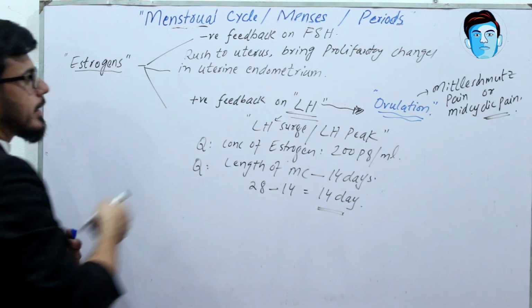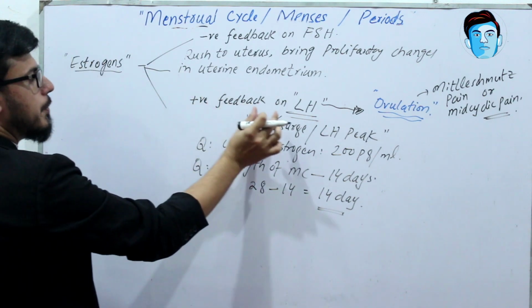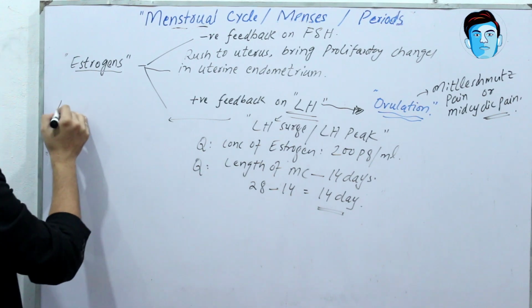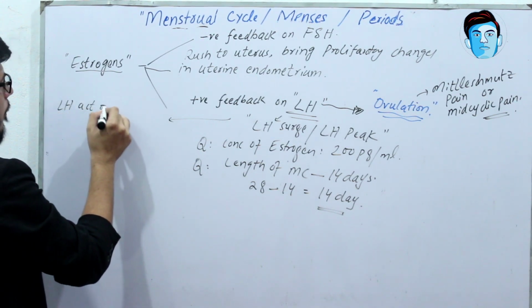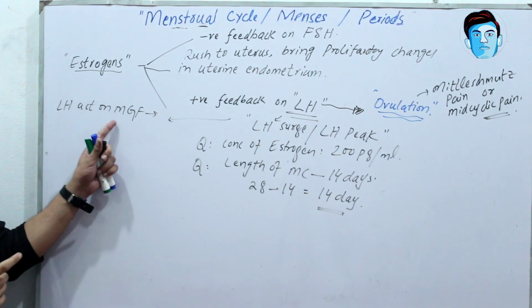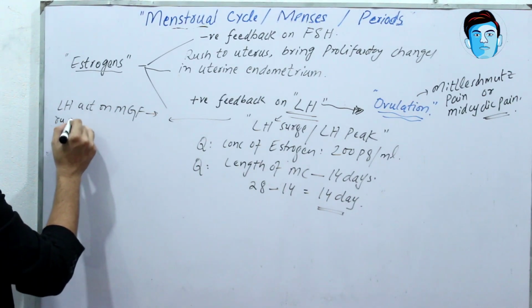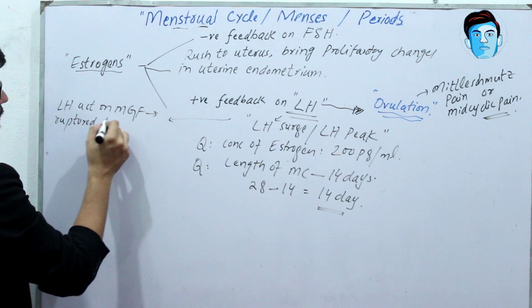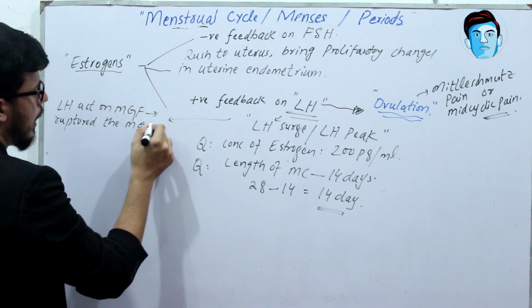Now what does this LH actually do? When there is a positive feedback on LH, this LH acts on the mature Graafian follicle and ruptures it.